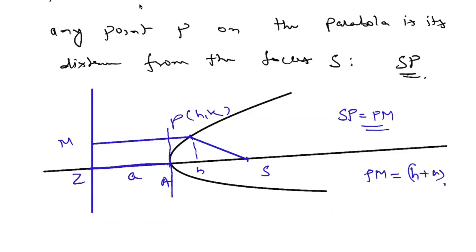And we know that SP is equal to PM, so the focal distance SP will be a plus h. A plus the x coordinate of the point P is known as the focal distance.